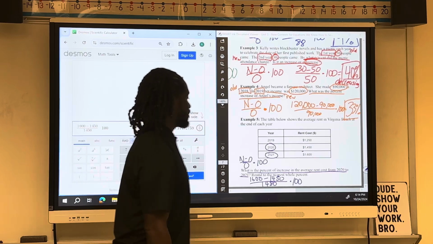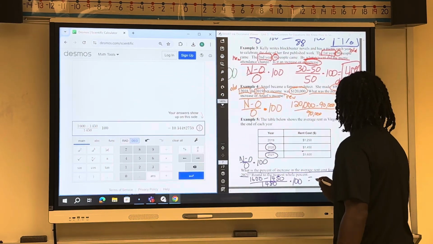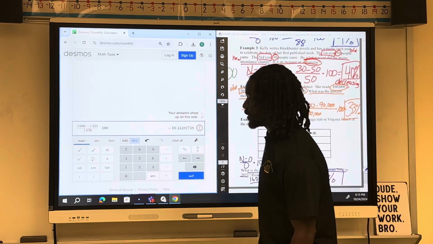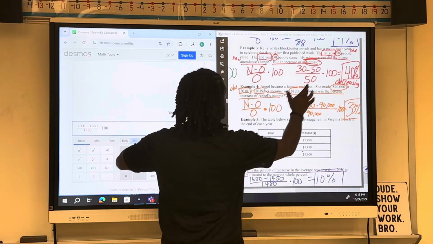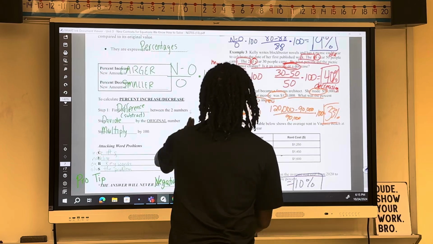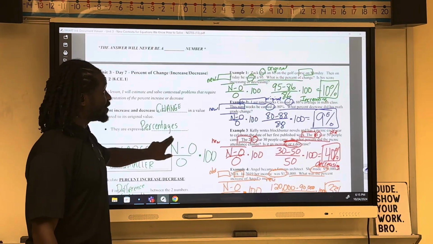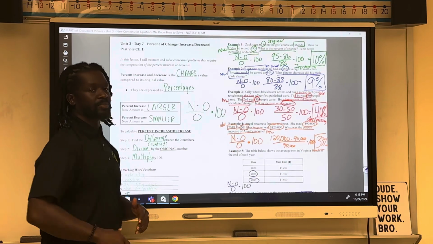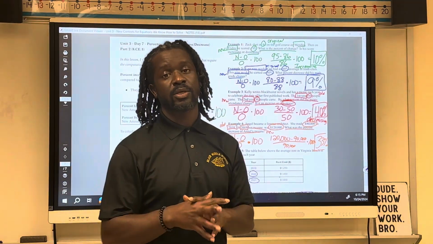All right, and then we get 10.3. I'm just going to round that to 10% to the whole. And there you have it, my friends. And so in this lesson, we have learned, or reviewed rather, how to find the percent change when it's increasing or decreasing.